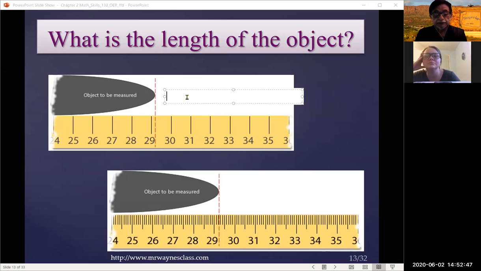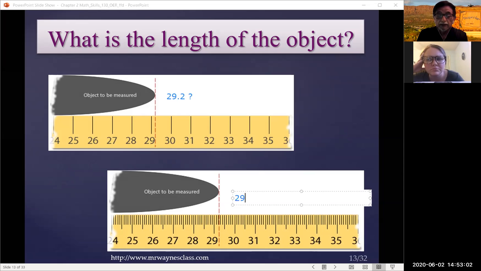Would you agree that this might be 29.2? Ballpark? Okay. This one here, 29 point, from my angle, I'm going to call it 5.